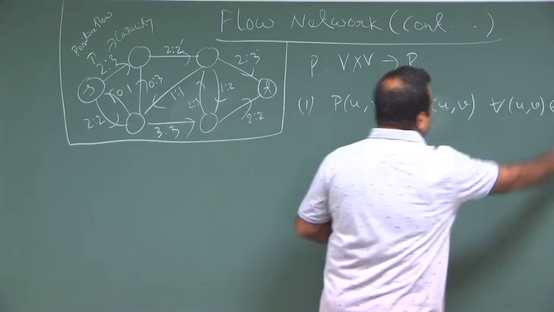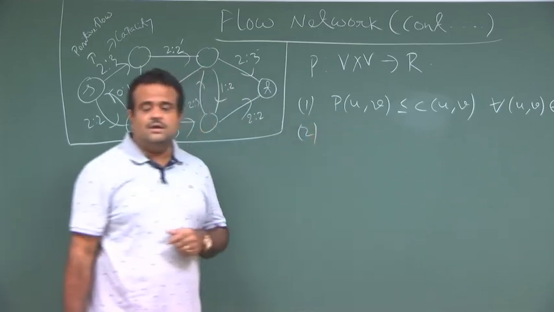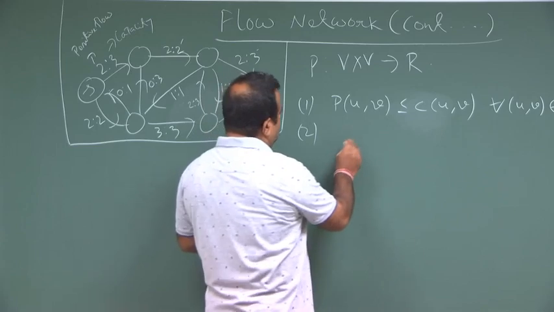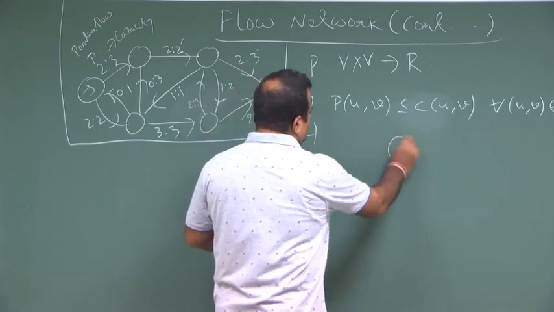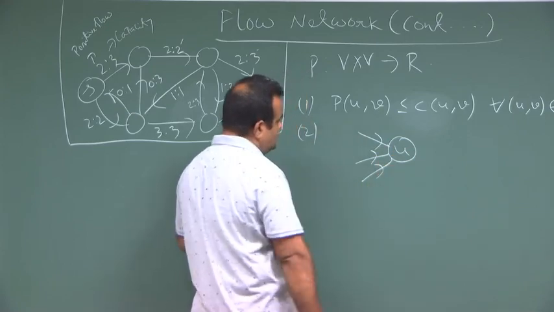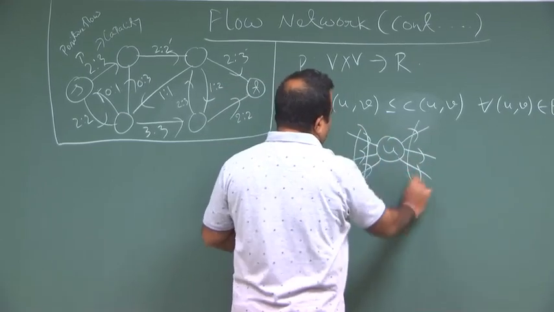And we have seen the flow conservation. That means if we take a vertex u, the flow coming into this vertex and the flow going out of this vertex should be the same.